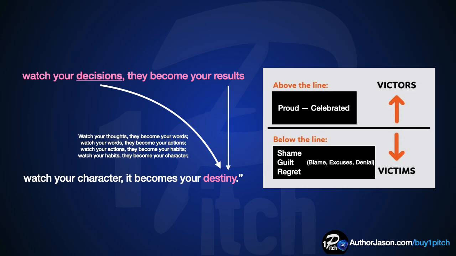You see, for the victors and the victims, what I found out is this. The victims, the people who live in victim mode, are always blaming others for their reasons of failing. Always somebody else's fault. It's never their own. The reason is never them. It's always other people's fault. And then they're always giving excuses why they are failing, why they are not succeeding. And they're always living in denial.